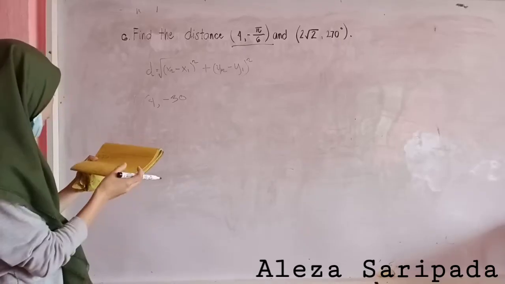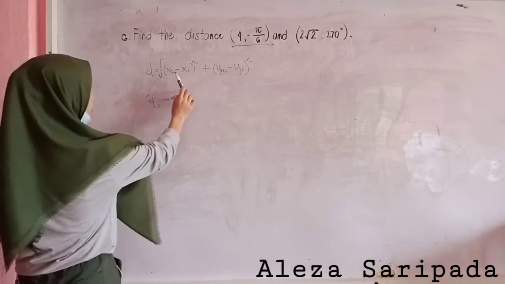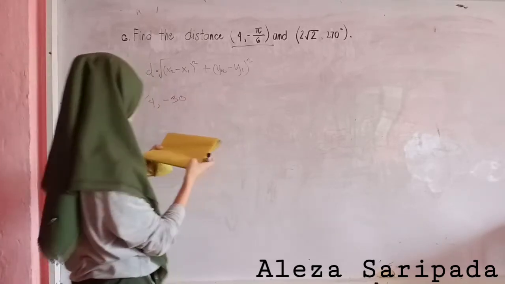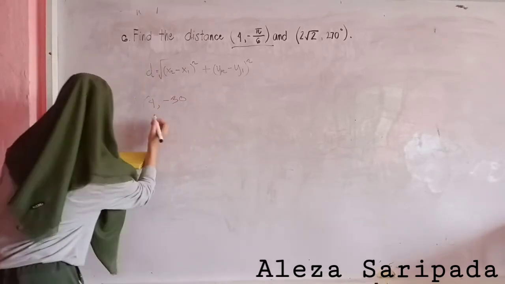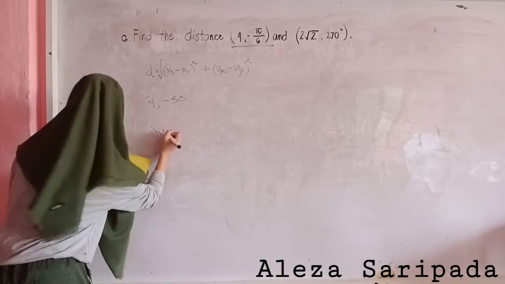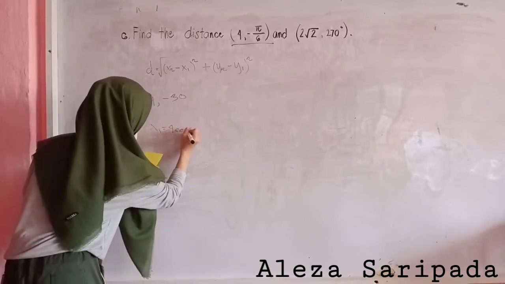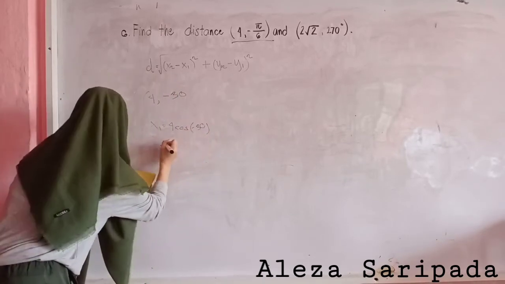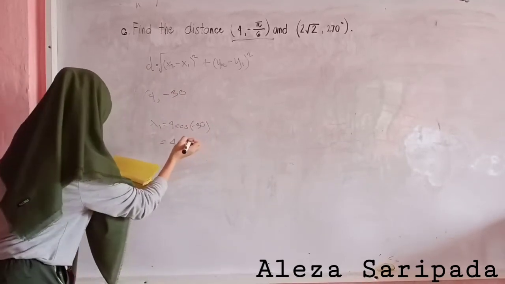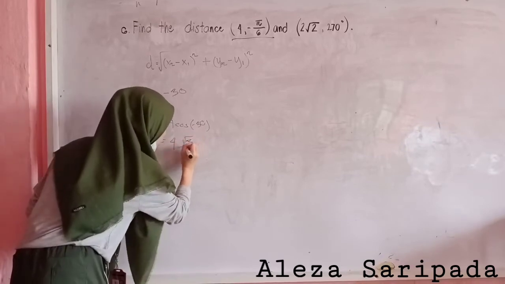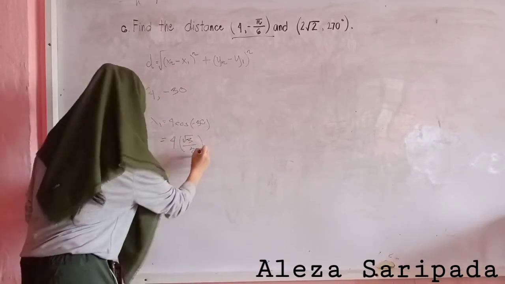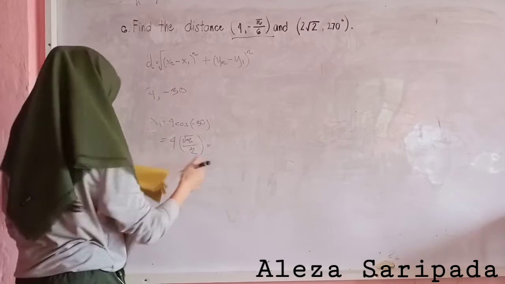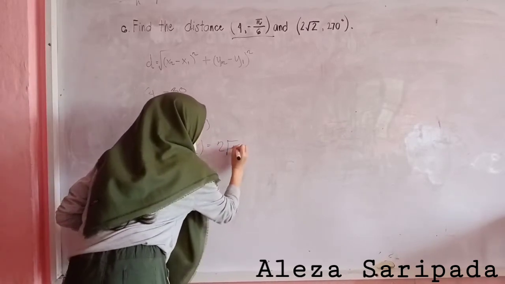To get the x sub 1, x sub 2, y sub 2, and y sub 1, we need this formula. X sub 1 equals 4 cosine negative 30. Cosine of negative 30 is square root of 3 over 2, times 4 equals 2 square root of 3.